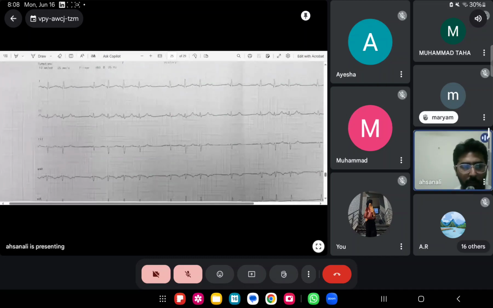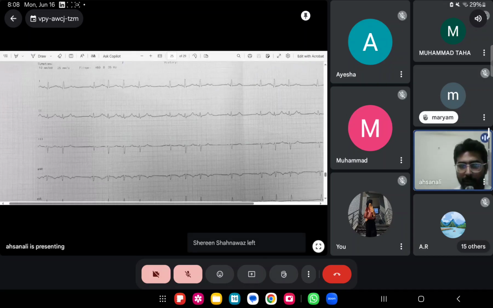You can clearly appreciate the history of syncope. Going to check the rate, but the rate is irregular. You see, for these two QRS complexes, the RR interval is smaller, and this RR interval is larger. Right? So this is larger, this is smaller.